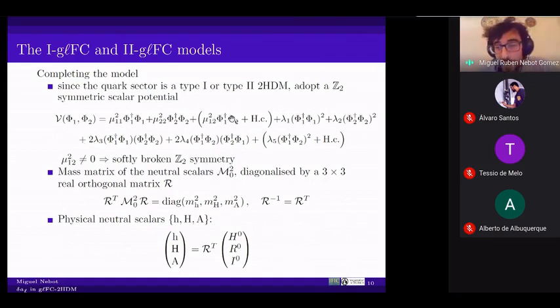Which means that in operators of dimension 2 or 3, terms which violate the symmetry would be acceptable.